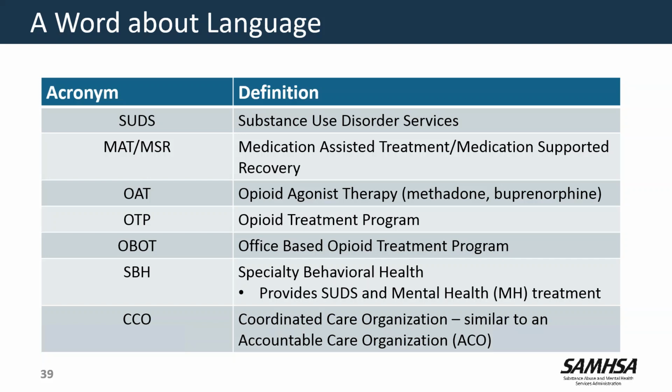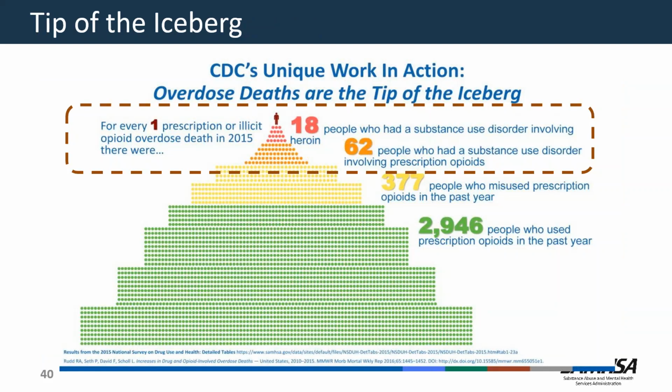We'll be talking about our coordinated care organization, that's the CCO or Medicaid payer in the Portland area, Health Share of Oregon. And you might hear us say interchangeably MAT or MSR for medication-supported recovery. And what we've noticed is that new providers have really taken to this language of MSR.